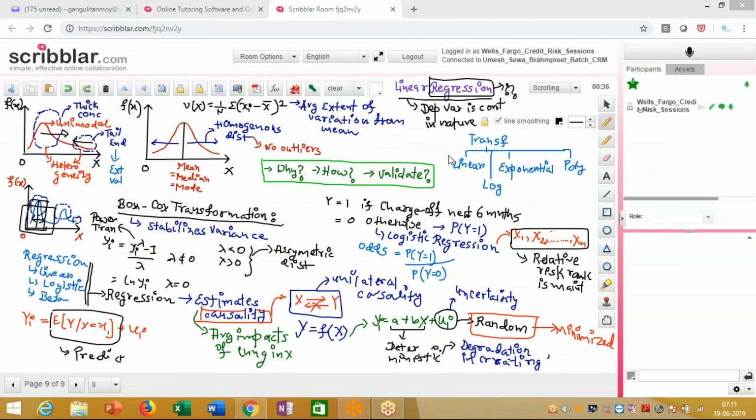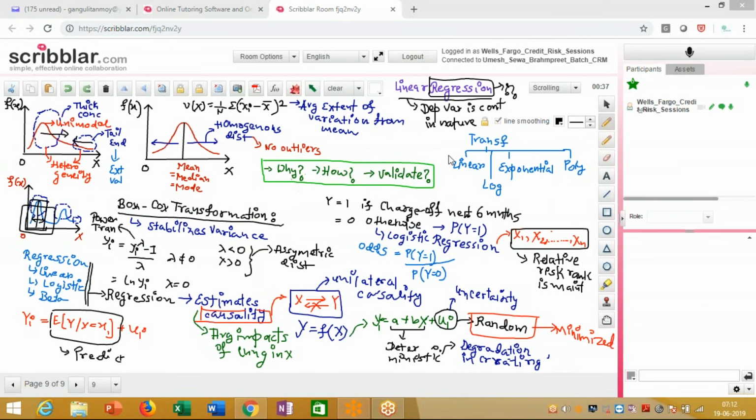One way to look at the LGD problem is to understand whether there are charge-offs in the next 6 months or otherwise. If you have a charge-off happening in the next 6 months, you'll have a loss given default. If you don't have a charge-off, then the chances of loss given default would be lower.